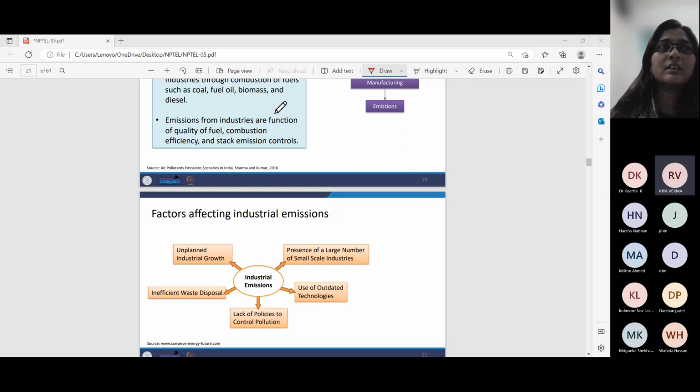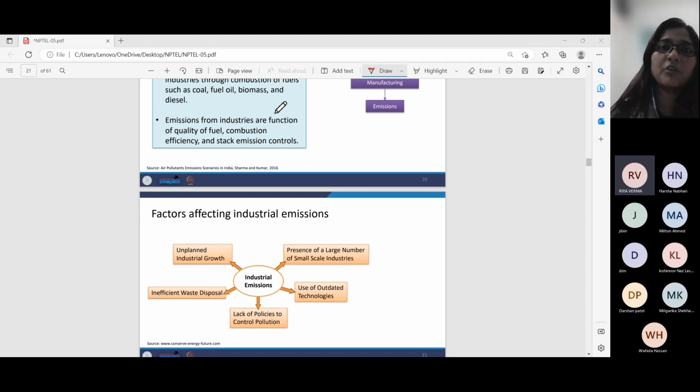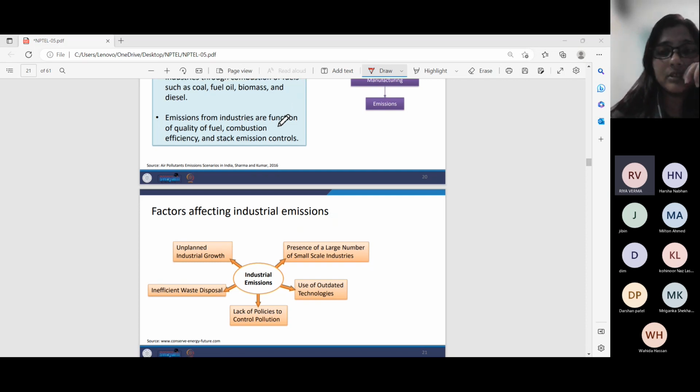It's not like you just dump your solid waste wherever you want, because in one way or the other it is going to pollute the environment. So as properly as you handle your industrial processes, you should handle the waste disposal process, efficiently and in such a manner that it doesn't harm the environment. So these are the factors that are affecting industrial emissions.